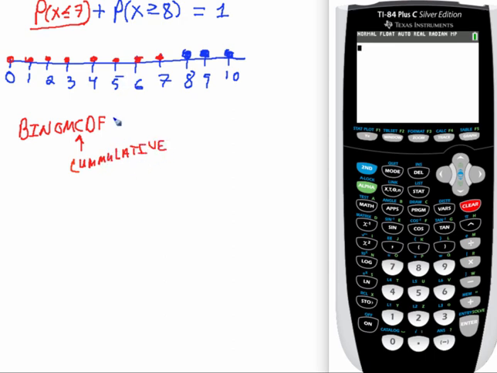So what the binom CDF does, again, it uses n. You have to put that in there. You have to put in p as the probability of success, and then you put in x. But this x is a very different critter this time. This x is the right endpoint of the sum.